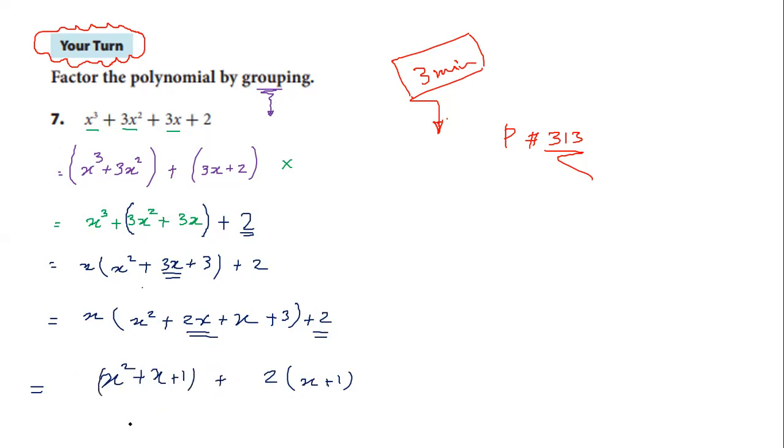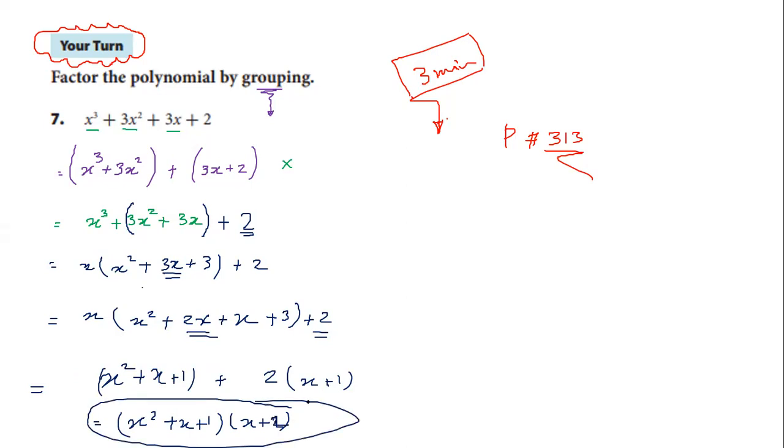Then your final answer will be x squared plus x plus 1, all times x plus 1. Sir, can you multiply so we can check? Your final answer is x squared plus 2, not plus 1. Now it's correct.